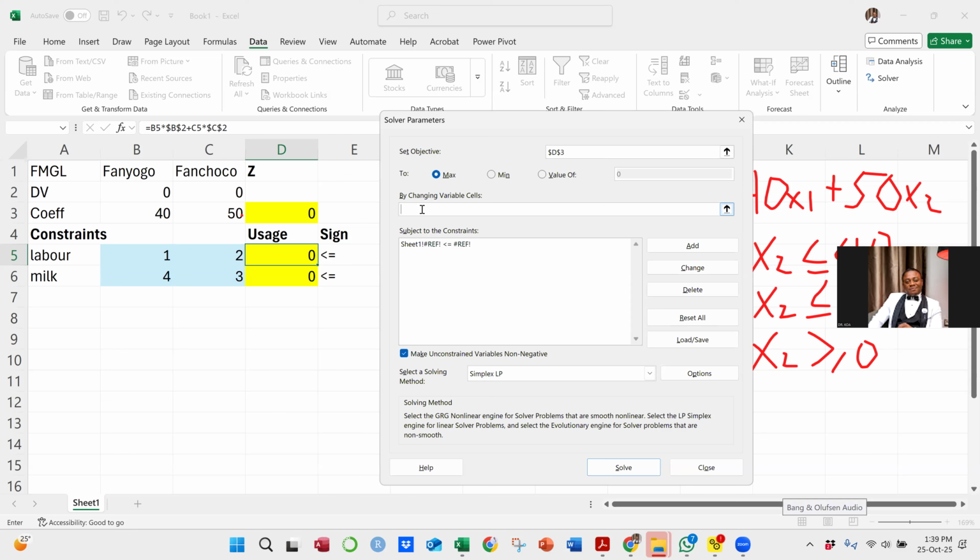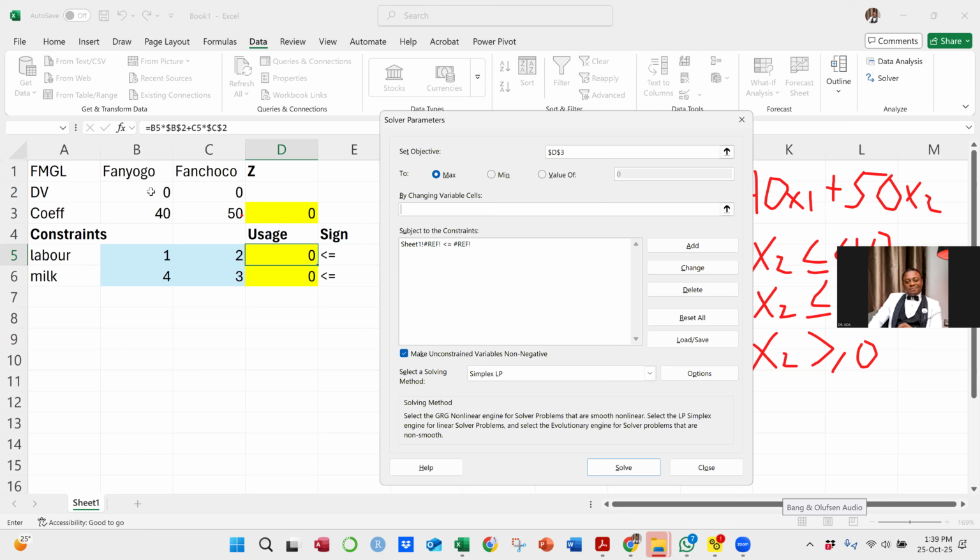By changing variable cells. What is that? That is Excel's name for the decision variables. So right now the decision variables are 0 and 0, as you can see on the left here. So that's what you're going to select.